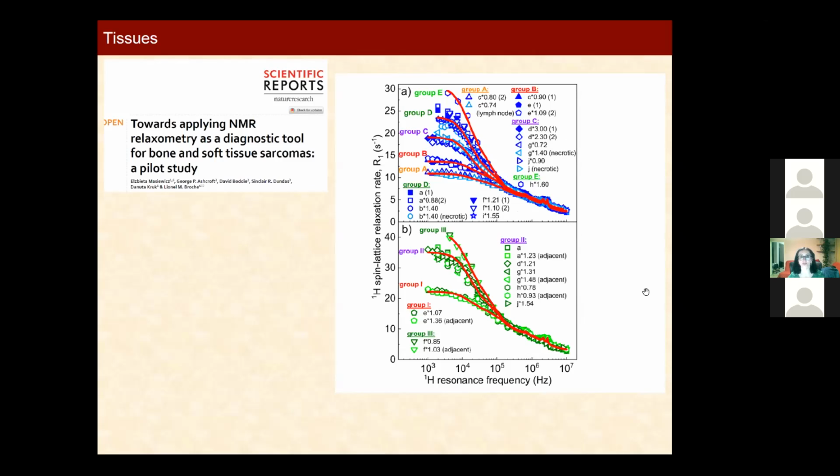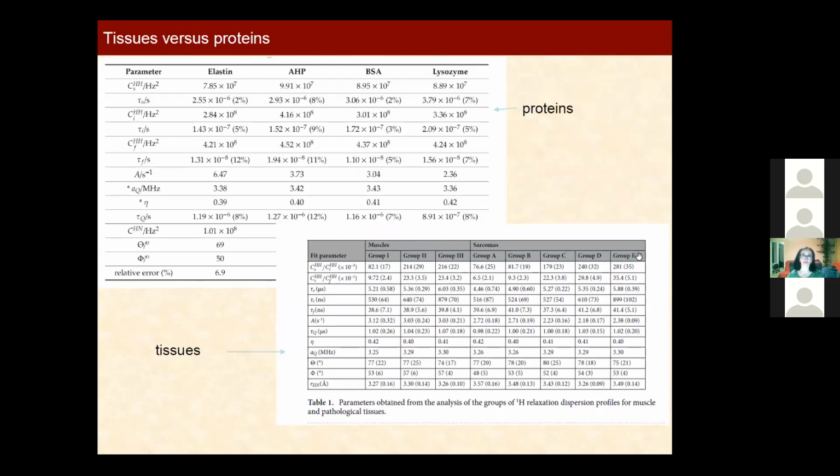What we have done, we have just decomposed the data for tissues also into three contributions, plus this proton-nitrogen part.